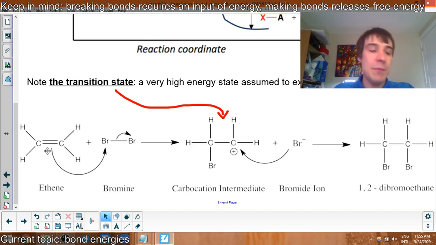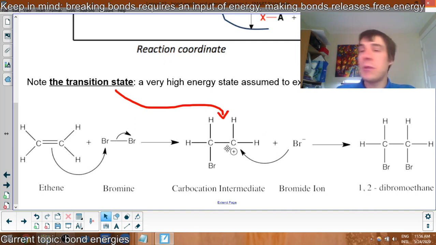Here's an example from an organic reaction. This is an addition, adding bromine to ethene. When we talked about it during the organic unit, we said that one bromine goes on each carbon, but it doesn't happen in one step. That would take too much energy to do in one step. What happens is this double bond kind of half breaks, you get one bromine on one side, and then you end up with the intermediate.